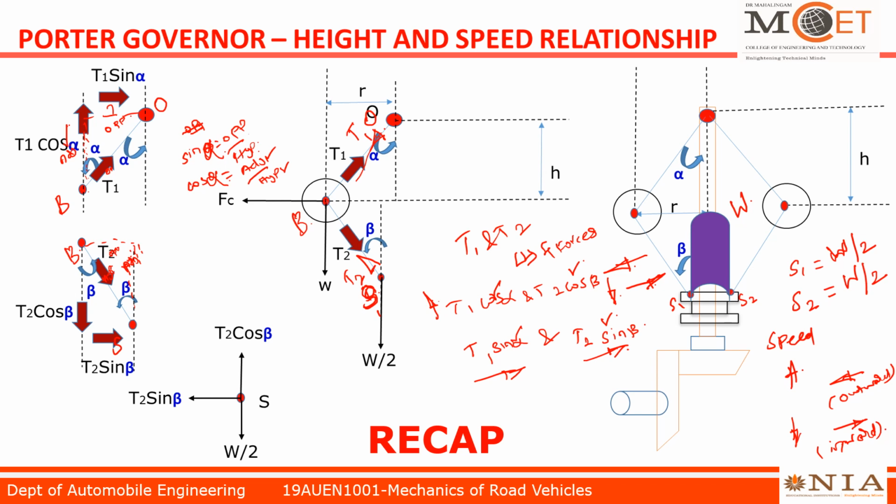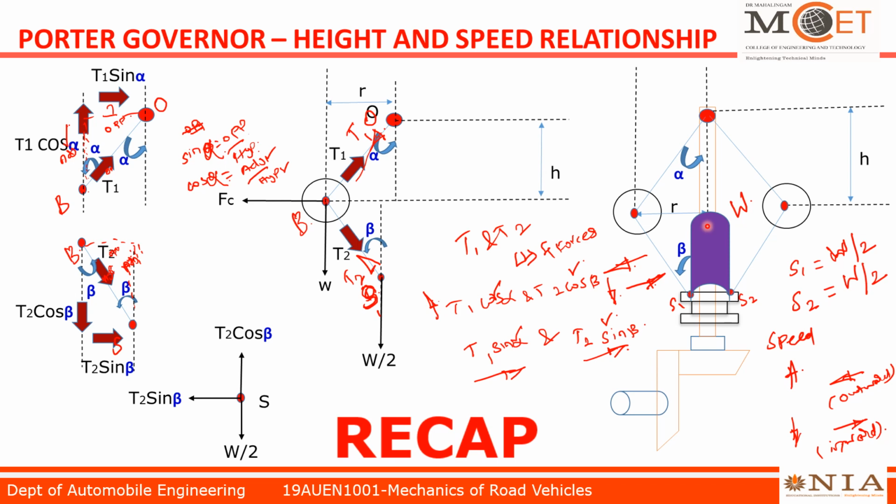In the analysis of Porter governor, we just made a construction of Porter governor arrangement. The difference between the Porter governor and Proell governor was only the central load will act on the sleeve in Porter governor. In Proell governor, there is no central load act on the spring.